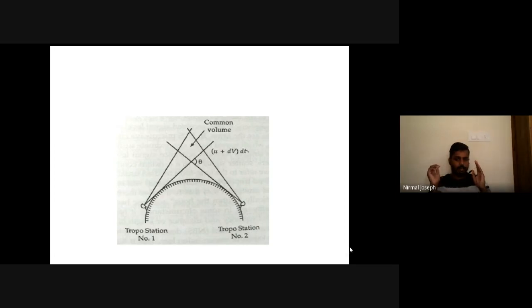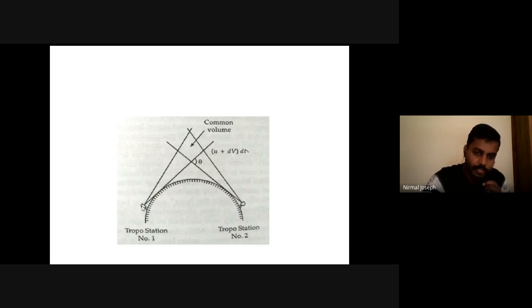Suppose I am transmitting a wave from tropospheric station number 1 to the atmosphere, it will reach here, and if it is scattered by the particles of the troposphere, it will reach here only, because the two antennas are oriented at such an angle.